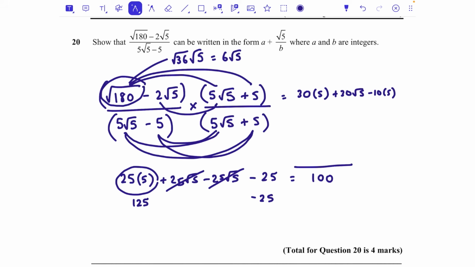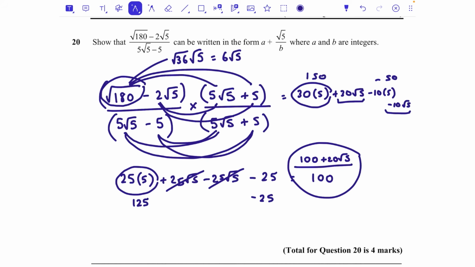And then I've got minus 2 root 5 times 5, which is minus 10 root 5. So altogether, I've got 150, and I've got minus 50, and then I've got 30 root 5 minus 10 root 5, which is 20 root 5. So that is 100, add 20 root 5 altogether.